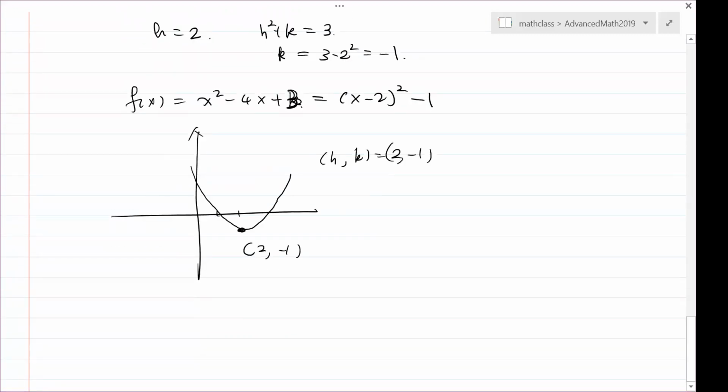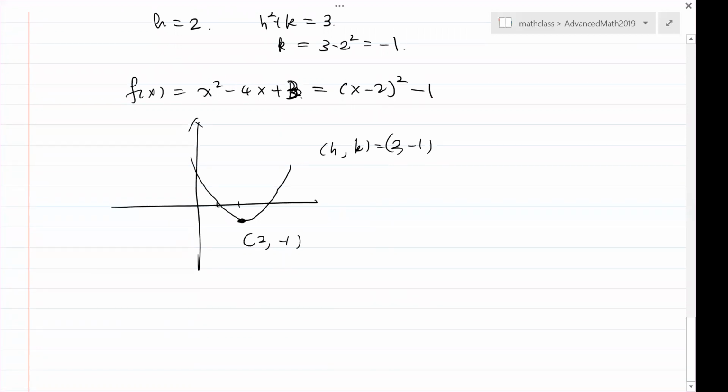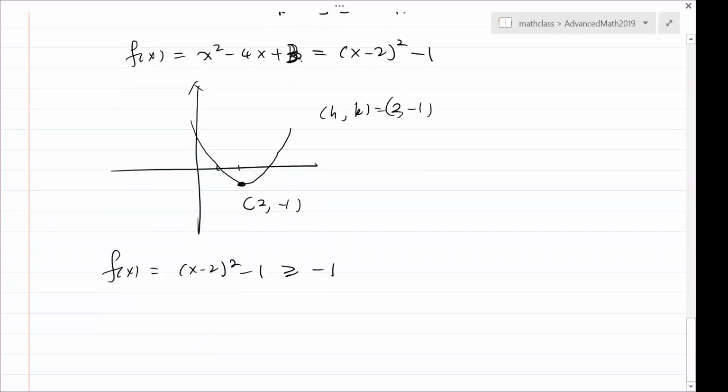Now, why is the point (2, -1) going to be the vertex? Think about that. This function, (x minus 2) squared, right? The first part is non-negative. So the function is never smaller than -1. It's always greater than or equal to -1.